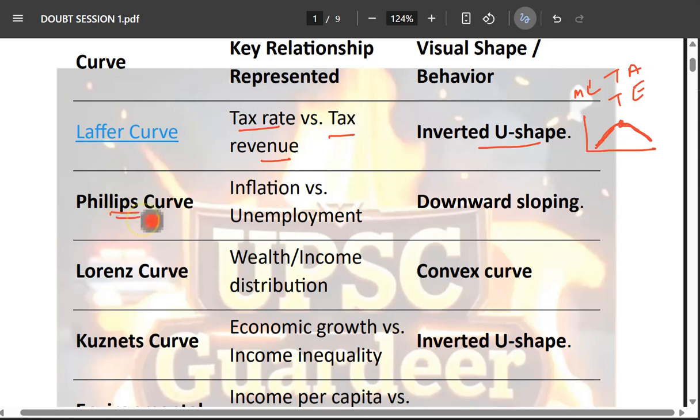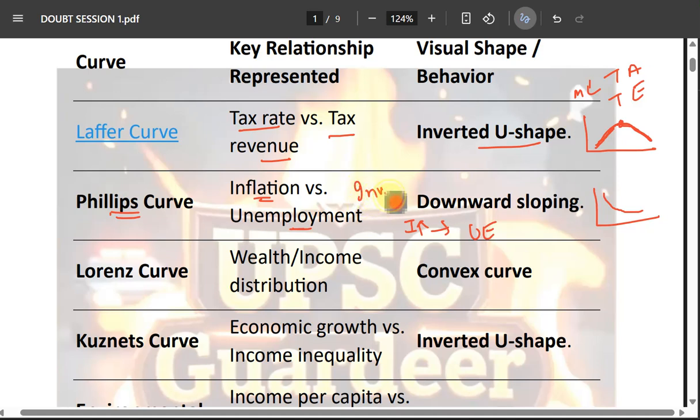Next comes the Phillips curve. The Phillips curve shows the relation between inflation and unemployment. It is downward sloping, because as inflation increases, unemployment decreases. So there is an inverse relation between them.